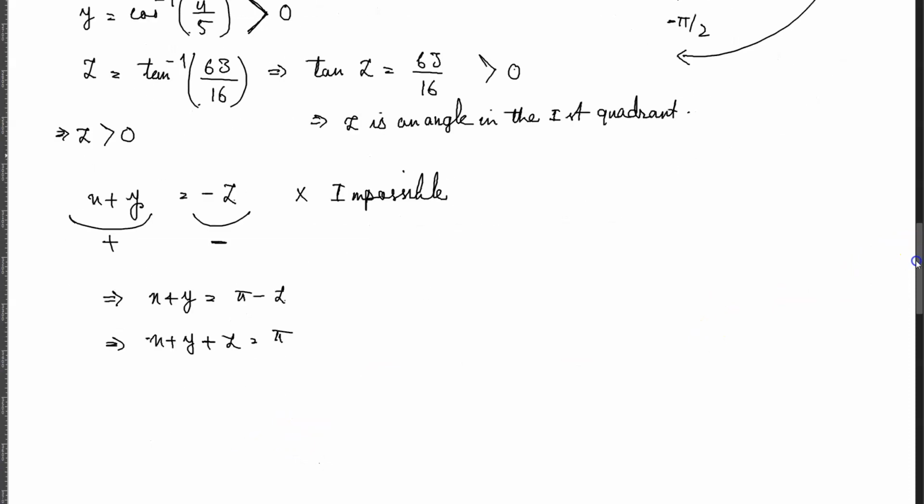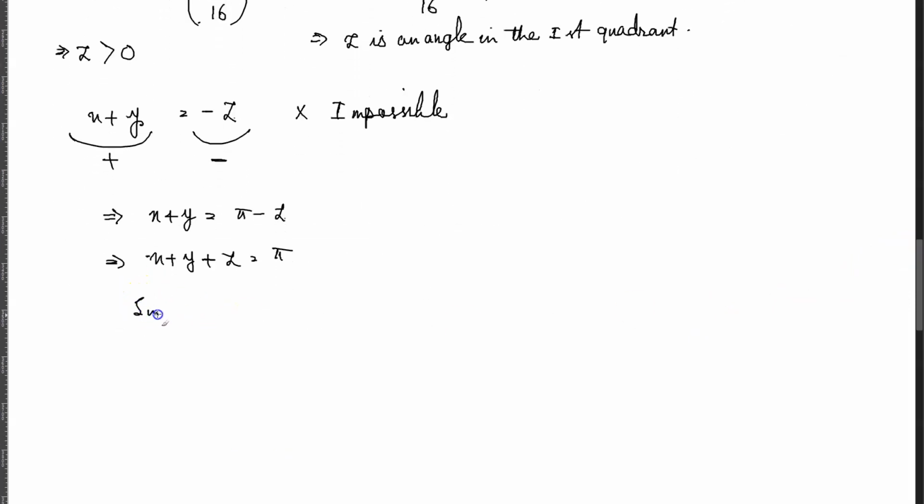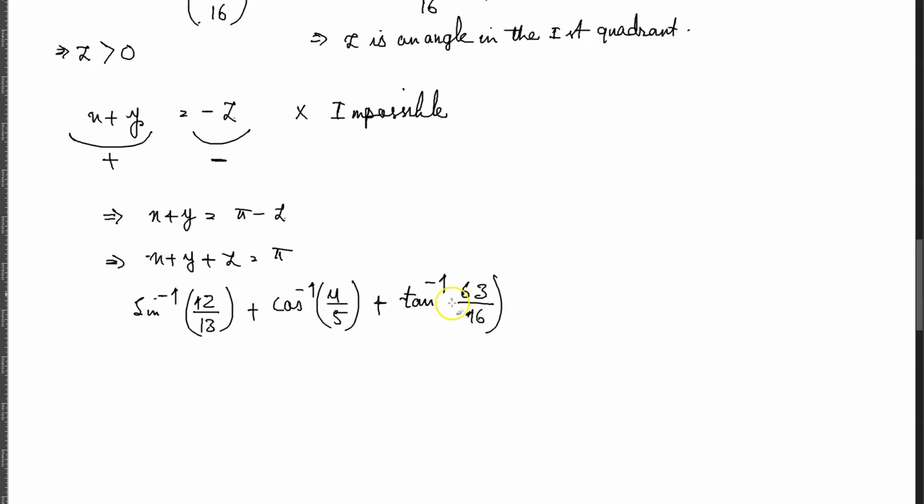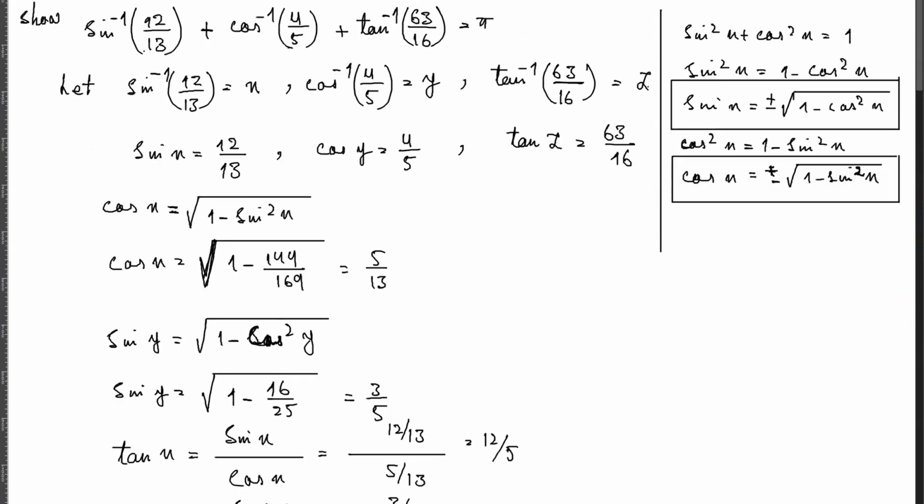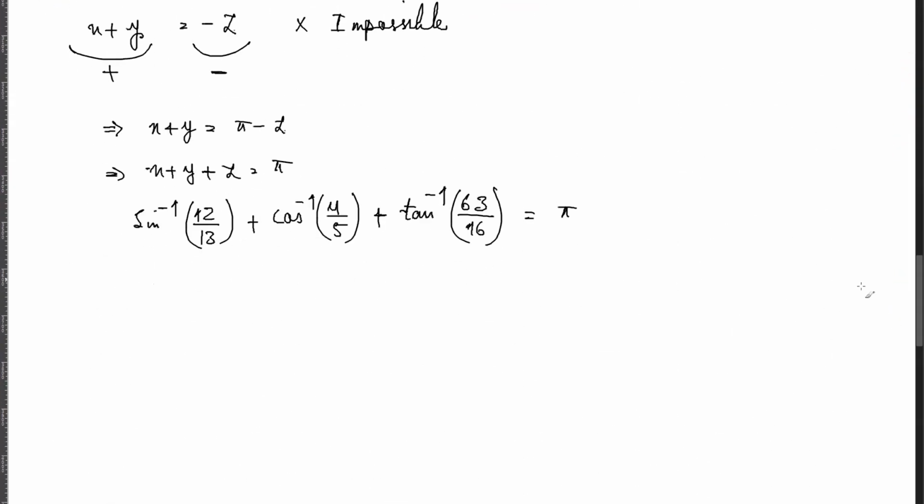And now what is x, y, and z? x is equal to the sine inverse of 12/13, y is equal to cos inverse of 4/5, and z is equal to tan inverse of 63/16, and that is equal to pi, and that is what we wanted to show here, that this whole thing is equal to pi. Therefore the identity is proved.